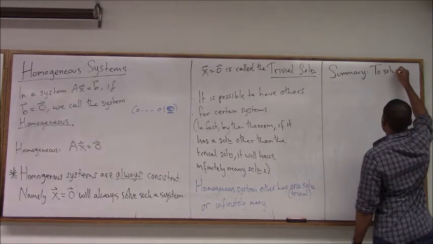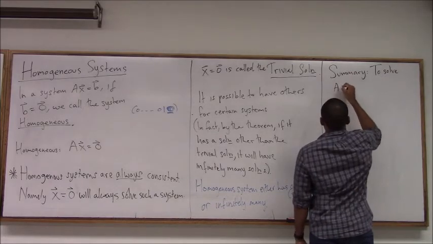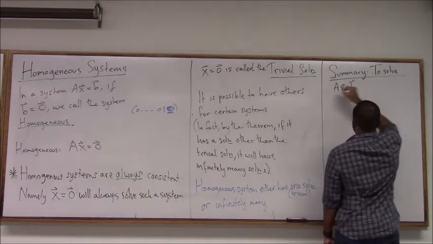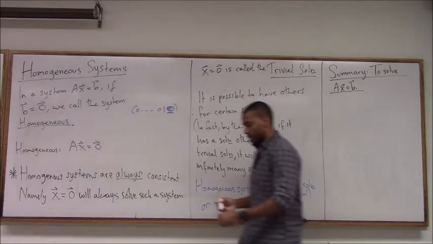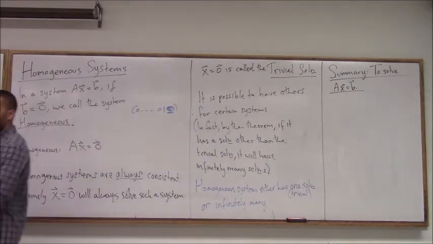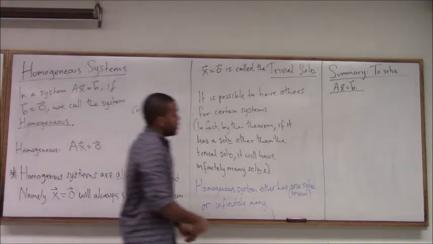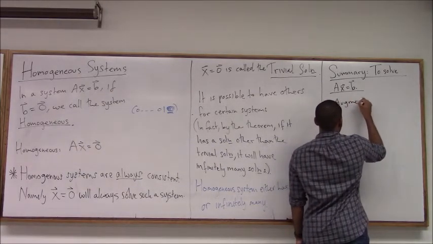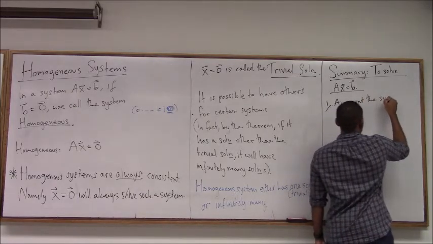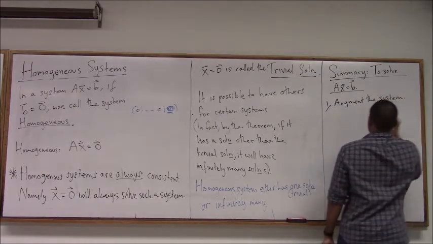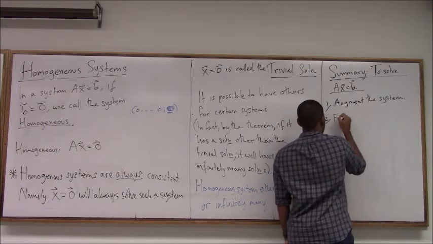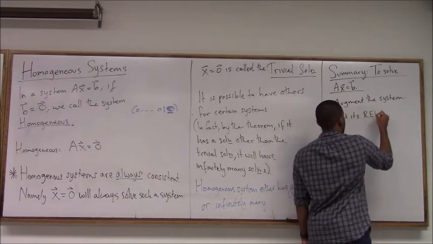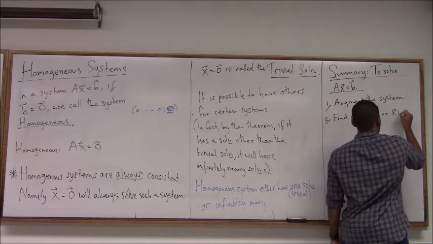To solve AX equals B, it's one of the main takeaways from this section, and it's going to be very useful for us to be able to solve systems. One, augment the system. Two, find its REF or RREF.